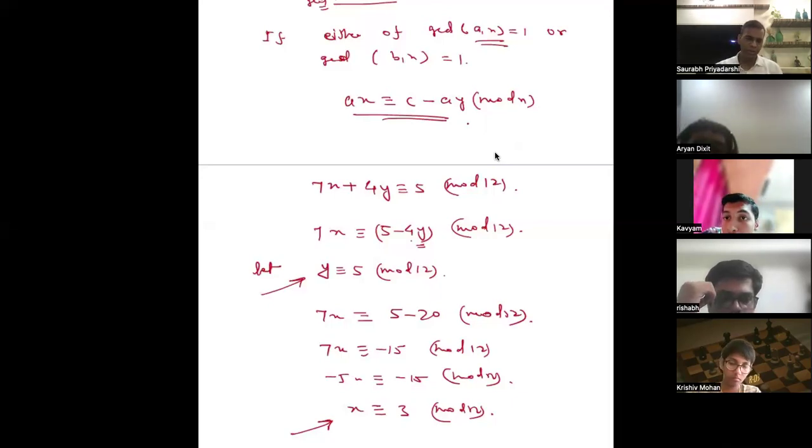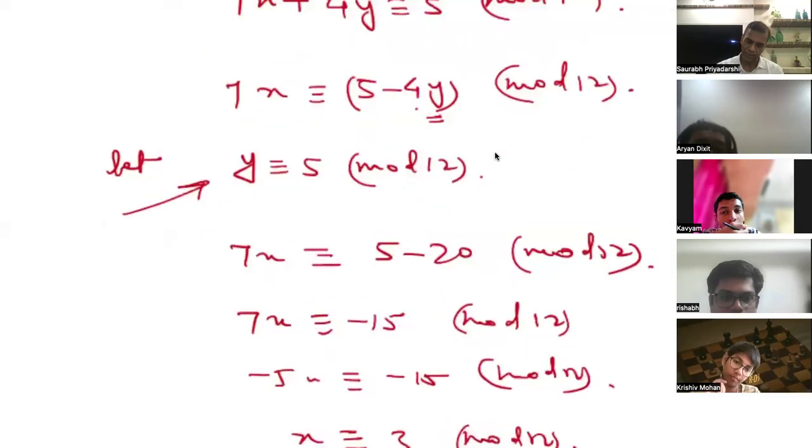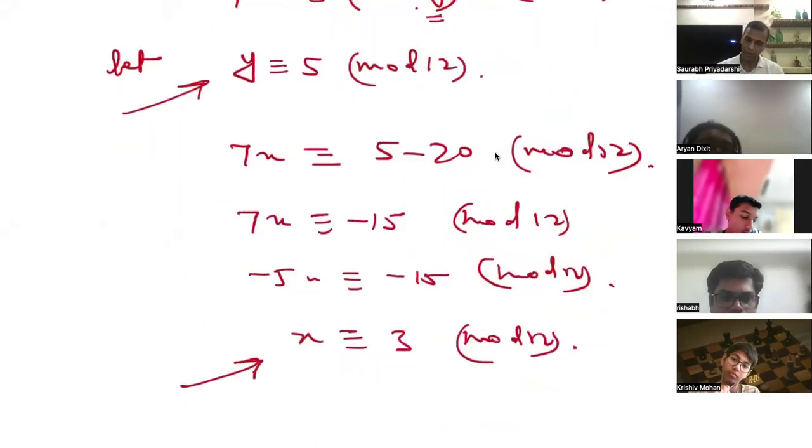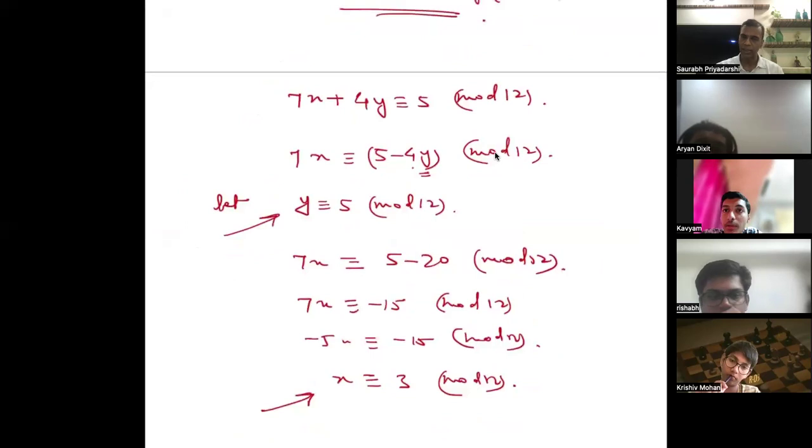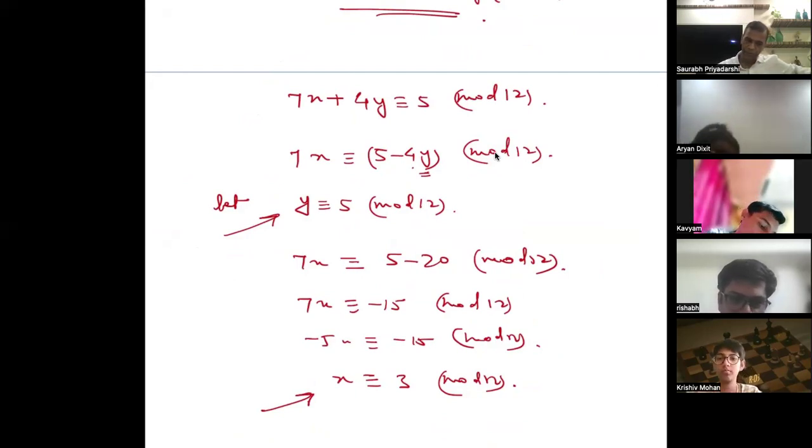So the use of this is very vast, right? In the Diophantine equation also we have to do that, or in solving the linear equation. I hope you all are getting this, the simple solution you have to go for. So one of the solutions we are saying is x is equal to 3, then y is equal to 5.